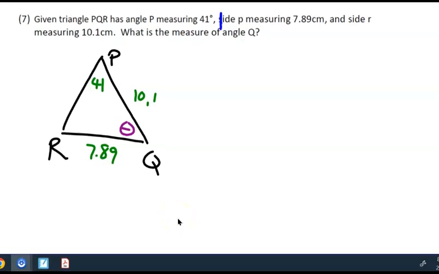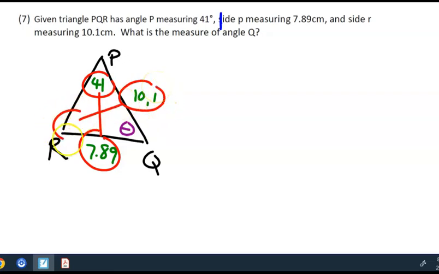So in this problem, if I put together the first pair, which is here, and I put together the second pair, the 10.1, which means I can find angle R. I can't find angle Q in this law of sines. But if I can find angle R, then I should be able to find angle Q, because I'll have 2 of the 3 angles.